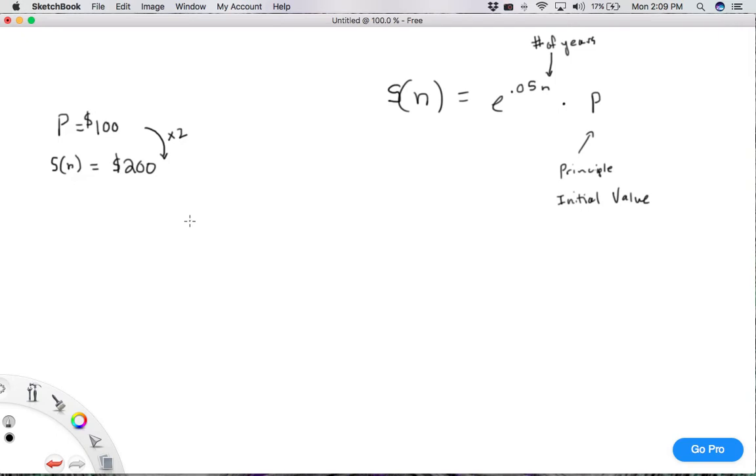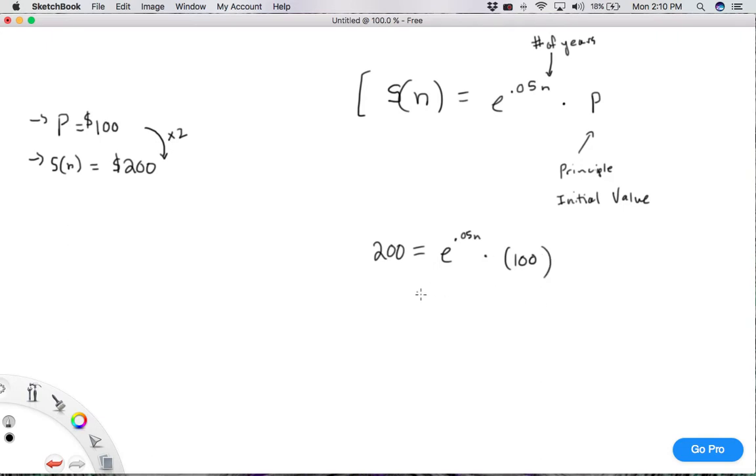And you'll see why the initial amount is arbitrary in just a minute. So basically we're going to plug these two things into this equation over here. So S of n, in other words, the future value, 200, is equal to e to the 0.05 n times our principal amount of $100.